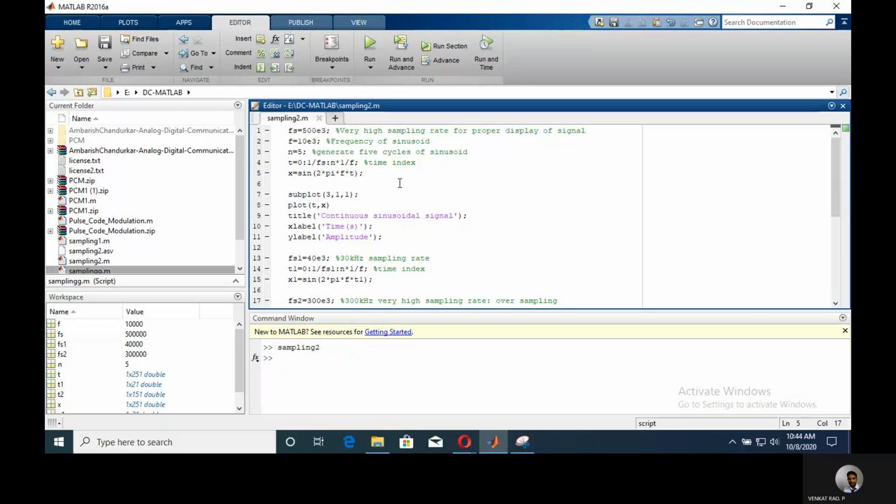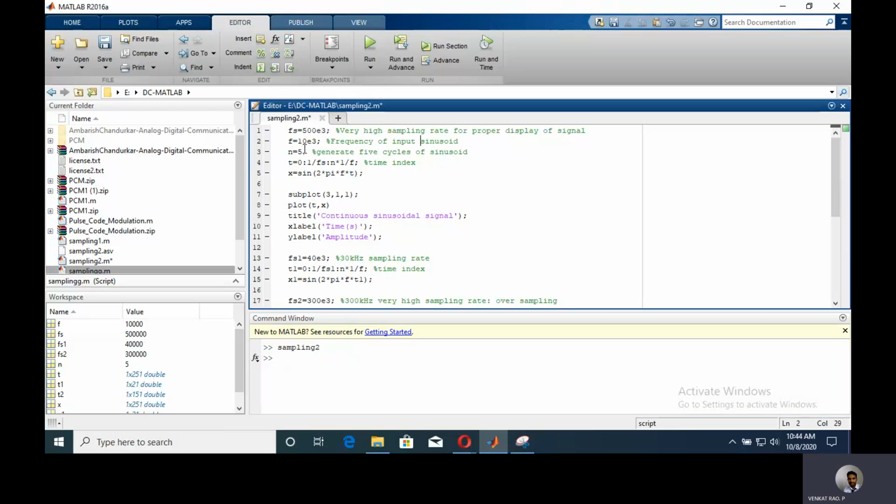But in practical use, the frequencies of voice signals, audio signals, or other electromagnetic signals are in terms of kilohertz: 10 kilohertz, 30 kilohertz, 40 kilohertz, 100 kilohertz, something like that.